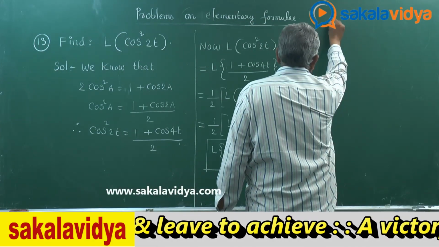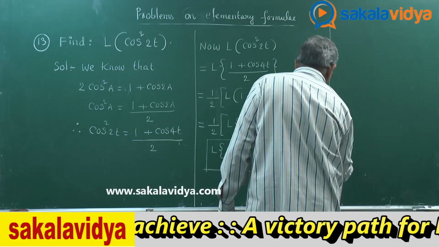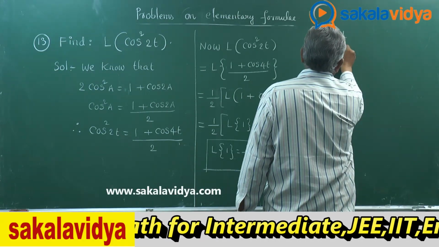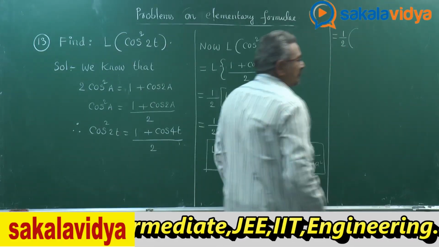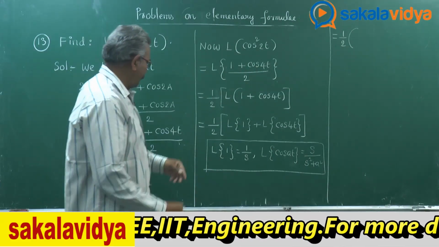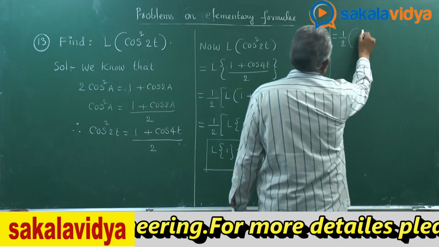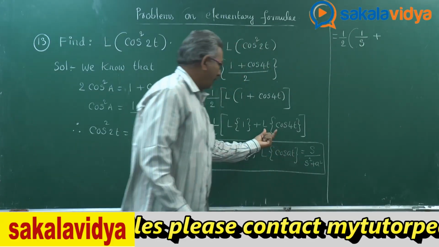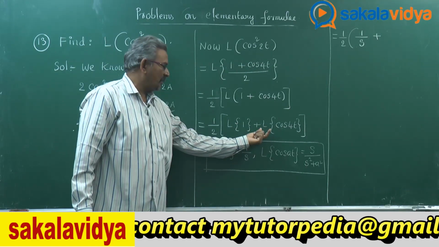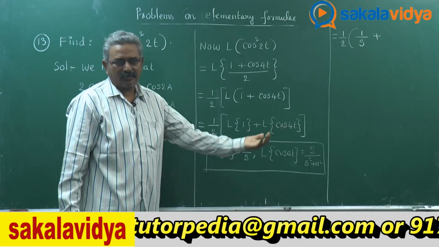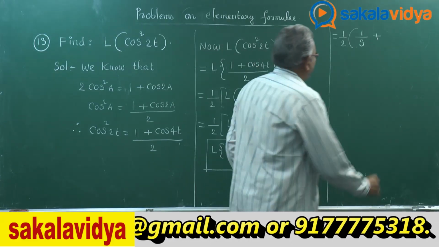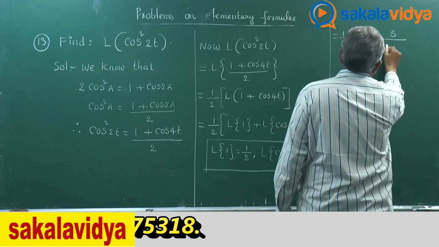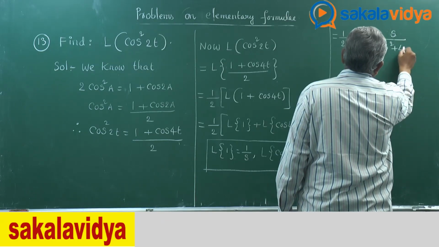Here, 1 by 2 times: Laplace of 1 is 1 by s, plus the Laplace transform of cos 4t, or L of cos 4t, which can be written directly as s divided by s square plus 4 square.